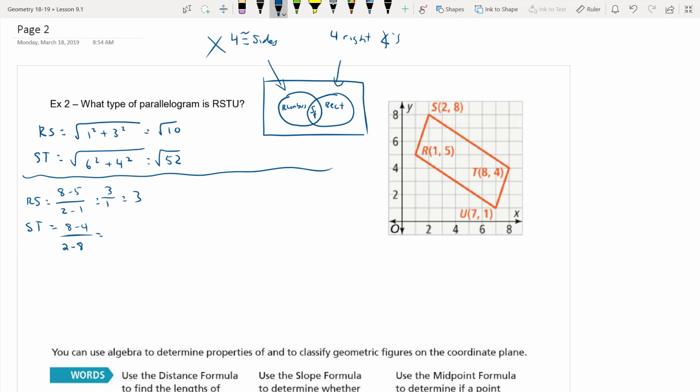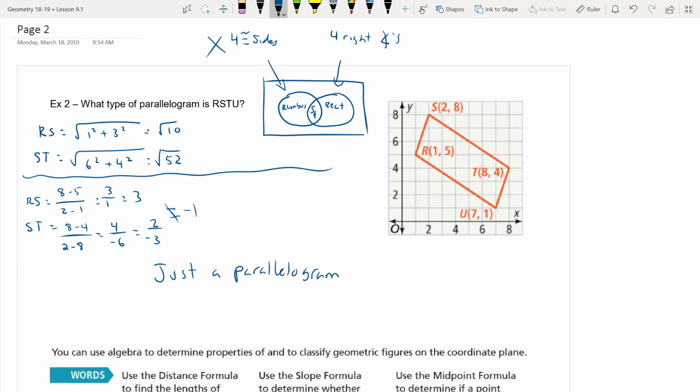So 8 minus 4 is 4, and 2 minus 8 is negative 6, which simplifies to 2 over negative 3. These together do not equal negative 1, so we can't say that they're right angles. So this figure is just a parallelogram.